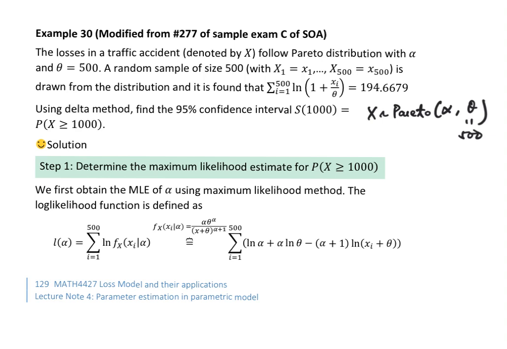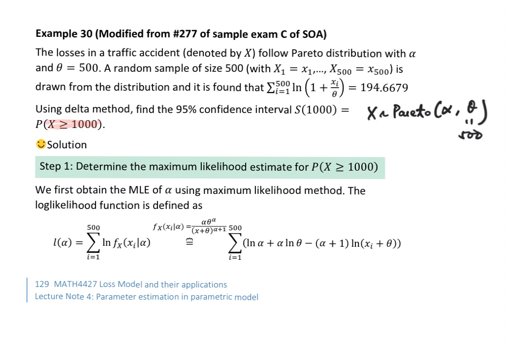Then the only unknown parameter is alpha. Our goal is to estimate the probability that the loss amount is greater than 1,000.